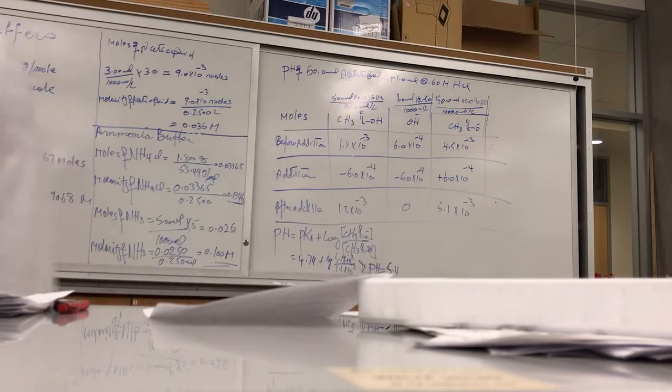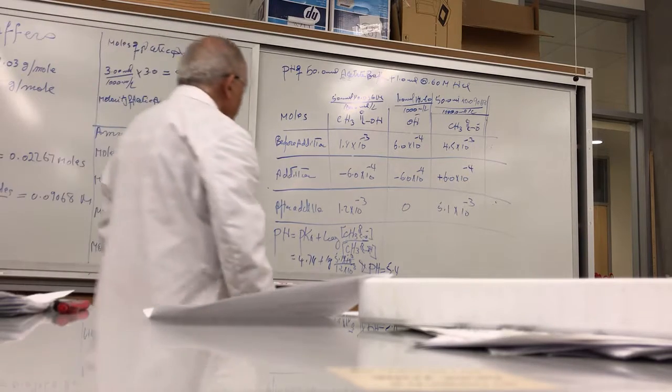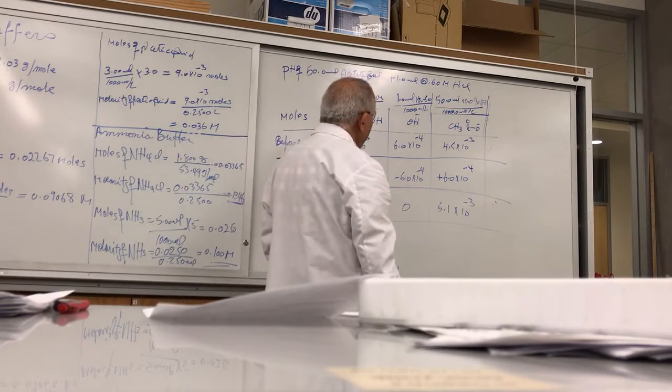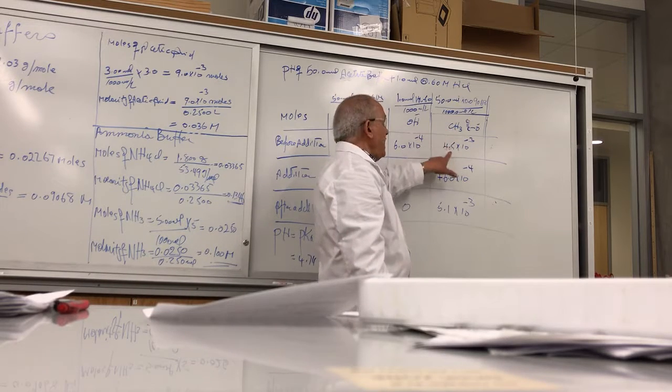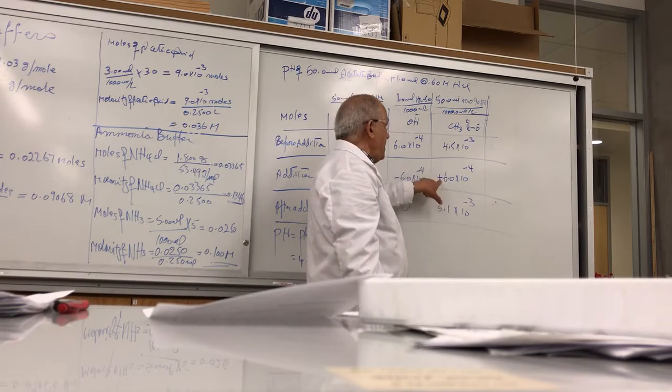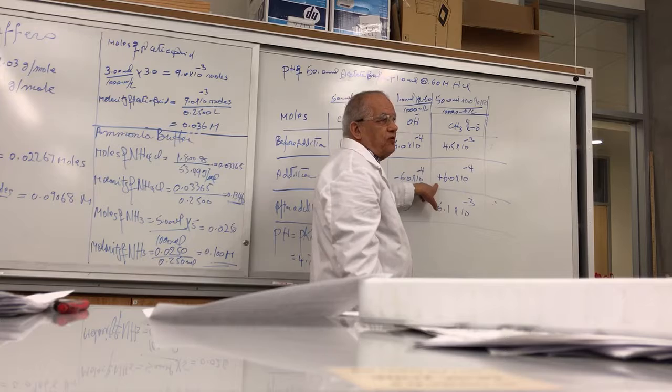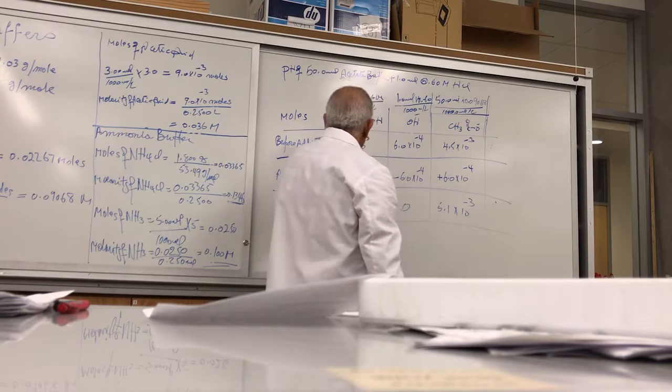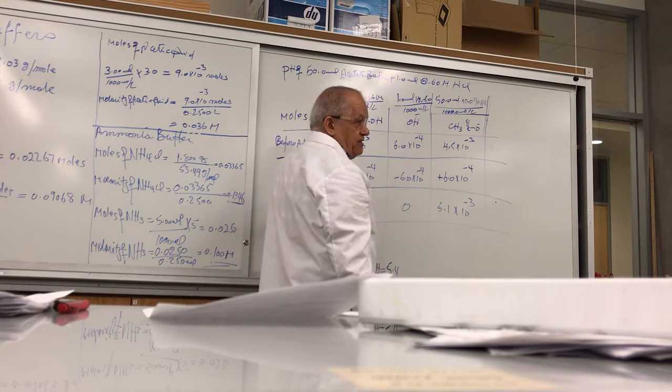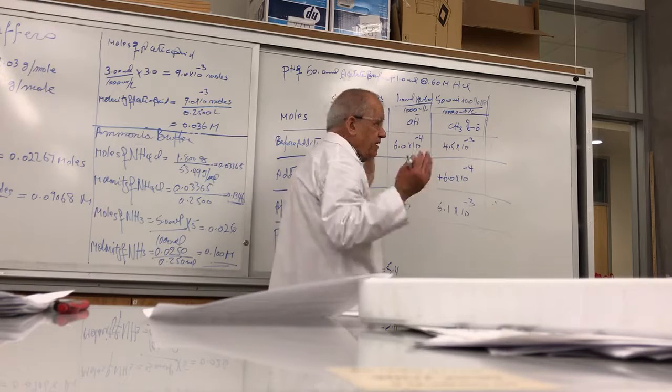Can you do that, the second one? Look at the table here and see what you're going to change. When you're adding HCl, it's going to go after the acetate ion. So your acetate ion here will be decreased by minus 6 times 10 to the minus 4, right? Your acid will be increased by plus that amount.